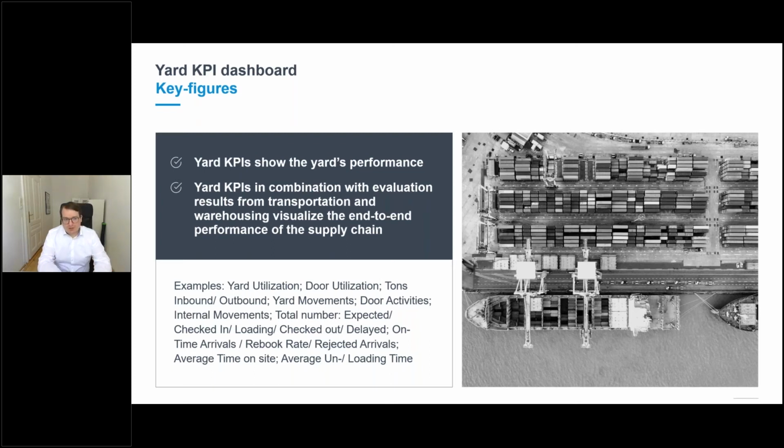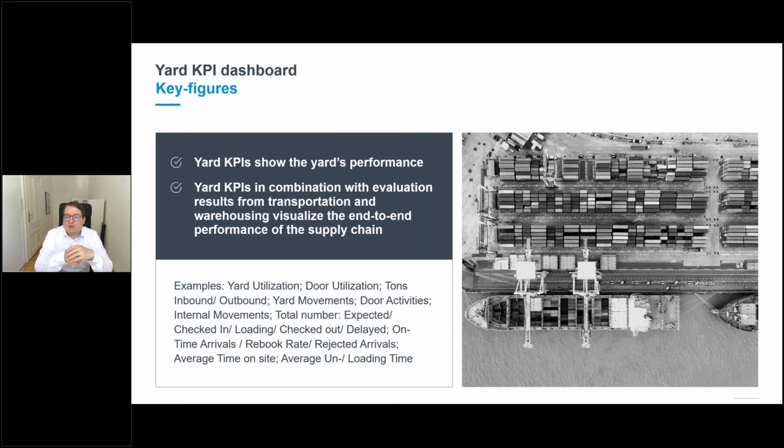But also, not only looking just at the yard. If you combine these yard KPIs with the results from transportation and warehousing, you could directly visualize end-to-end performance of the supply chain, and you would get more and more control over your processes.